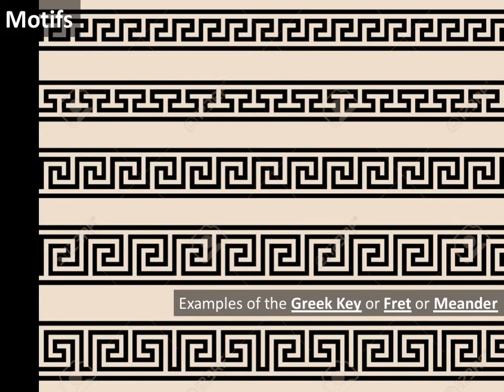And in terms of motifs, these are some of the most common. These are called the Greek key, or the fret, or the meander, because obviously the line meanders. But this kind of a shape is absolutely Greek. This is a quintessential Greek idea.